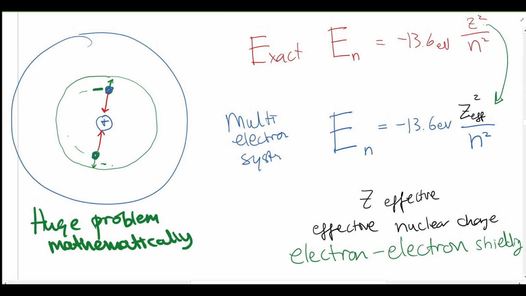But the whole concept is that we're just going to change the Z effective value here. There's a table that people tabulated from way back, where for a nitrogen atom, for example, the Z effectives are such and such. For helium they're slightly different because they don't have the same number of electrons, and so on and so forth.